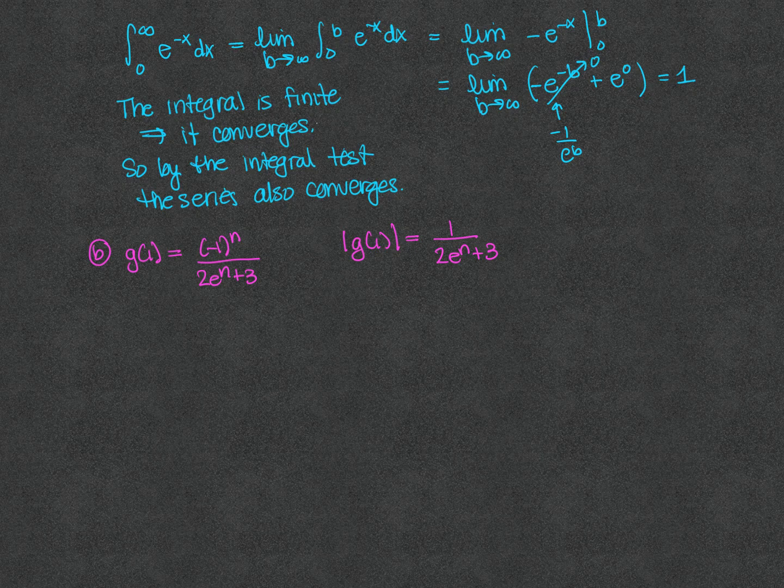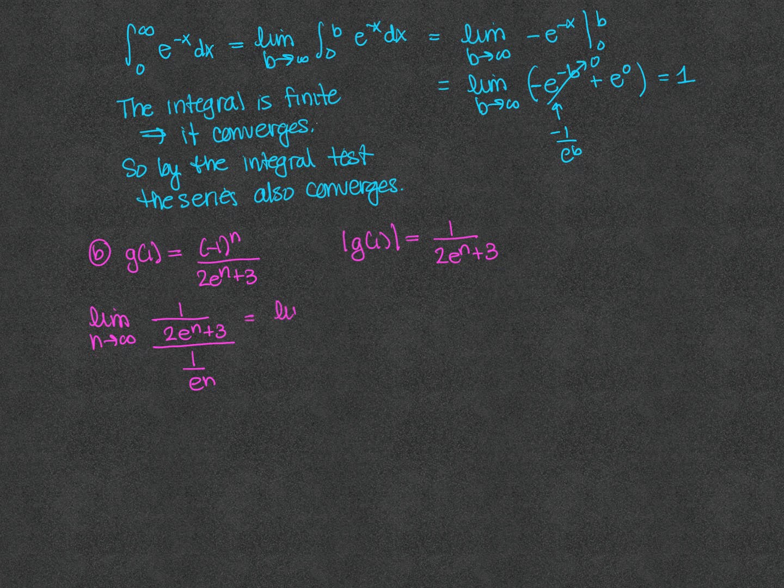We're asked to do the limit comparison test. The limit comparison test says we're going to take any two series that we want to compare, and they told us we wanted to compare this g of 1, which was 1 over 2e to the n plus 3, and we're comparing it to 1 over e to the n. So we're comparing it to a series that we already know what it does.